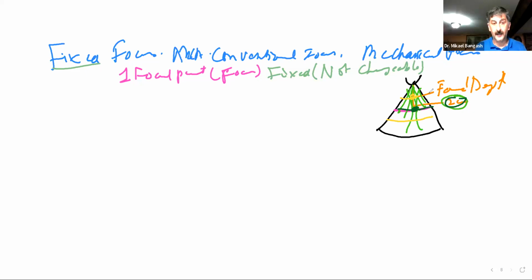Now what we can say is, as far as fixed focusing is concerned, there are two ways in which the transducer might have been built to cause this fixed focusing.